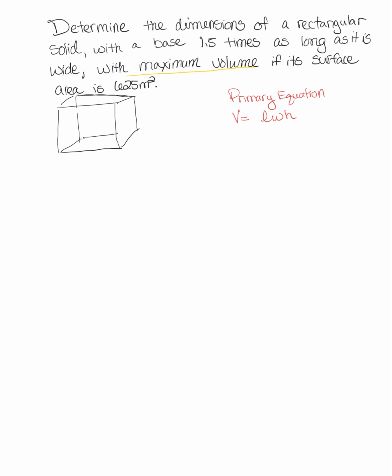Okay, well, what is our length and our width and our height? Well, we know that height is going to be right here, and then it says that the base is 1.5 times as long as it is wide. So we'll make the width x and the length 1.5 times greater than that. All right, so we can plug these things in. So we have V equals the length, which is 1.5x, times the width, which is x, times the height.